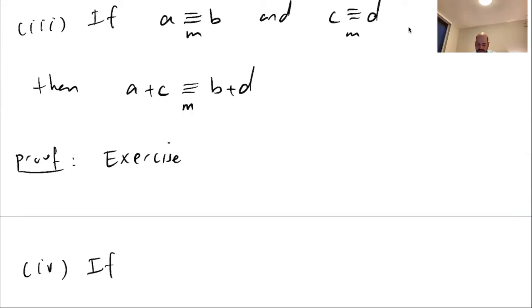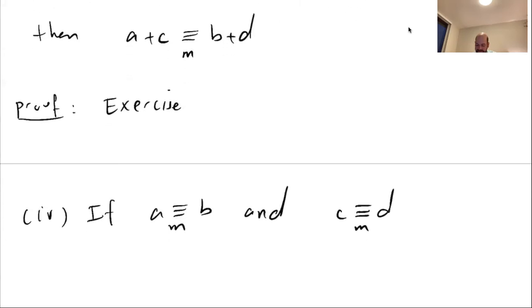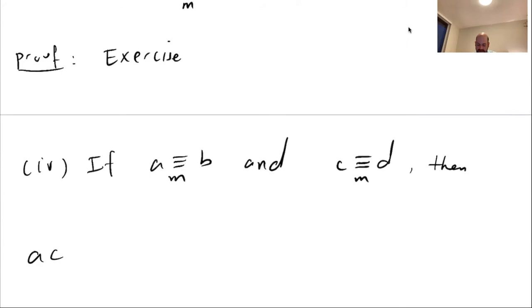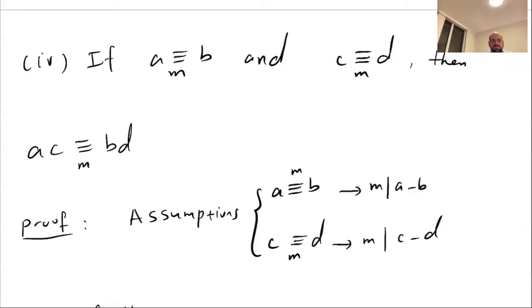If A is congruent to B modulo M and C is congruent to D modulo M, then AC is congruent to BD modulo M. So how can I prove this one? Proof.